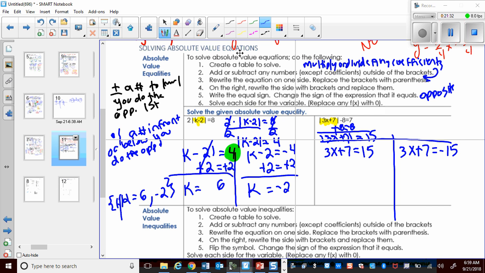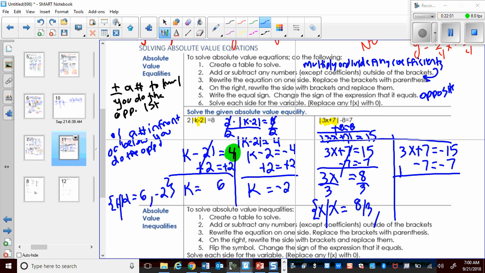Now, solving for x on the left, I'm going to subtract 7 from both sides. And 3x comes down, equals 8. Divide both sides by 3. And I get x equals 8 over 3. So I'm going to write these in set notation. Waiting for my second solution here. -7 on both sides. 3x comes down.